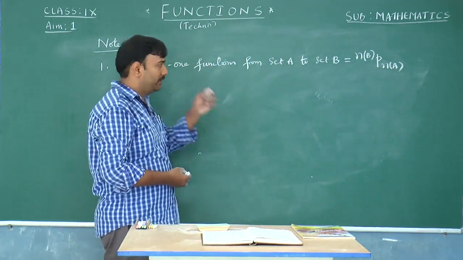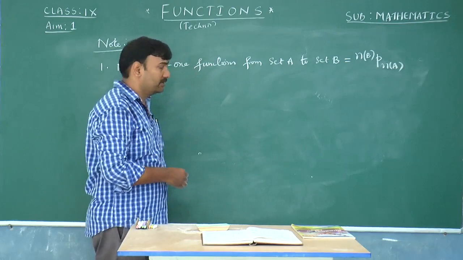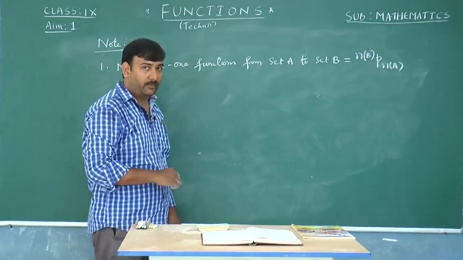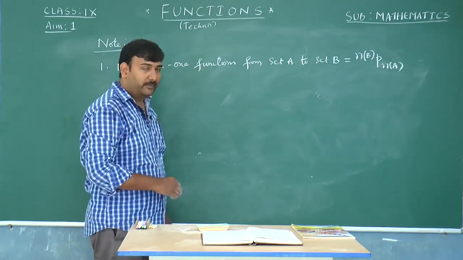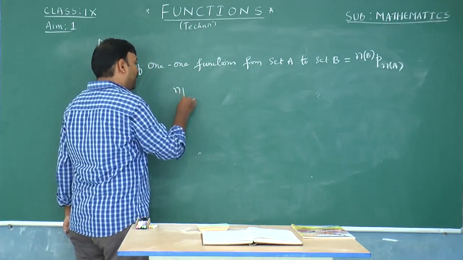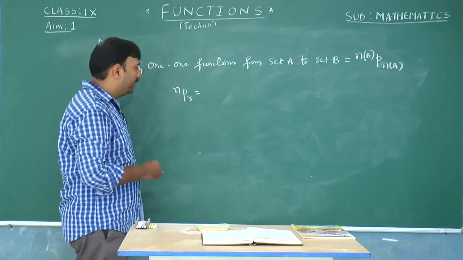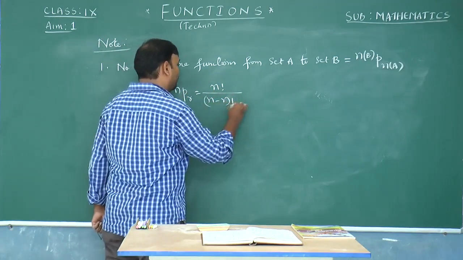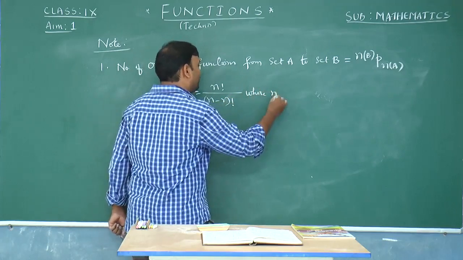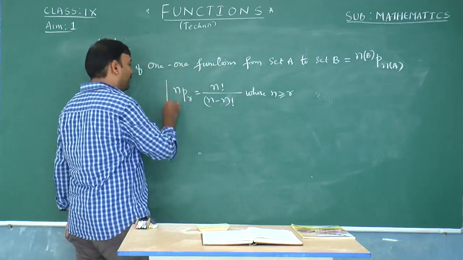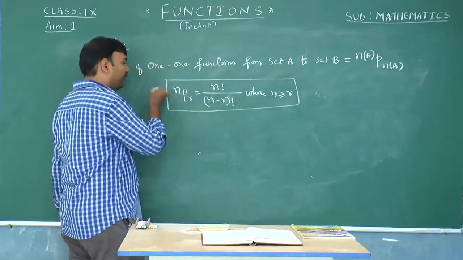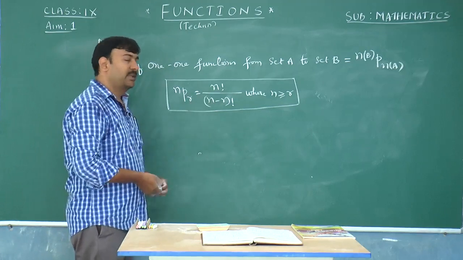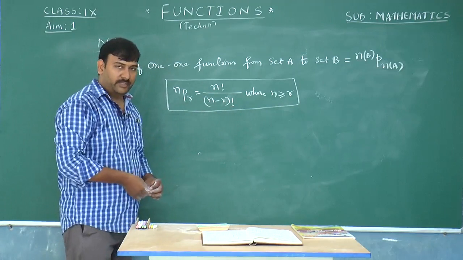Observe carefully, this is a formula from the topic called permutations, which you are going to learn in higher classes. n(B)Pn(A) is the formula to find the number of one-to-one functions from set A to set B. The formula in permutations is nPr, which is equal to n factorial divided by (n minus r) factorial, where n is always greater than or equal to r. Right now we are going to accept this formula.